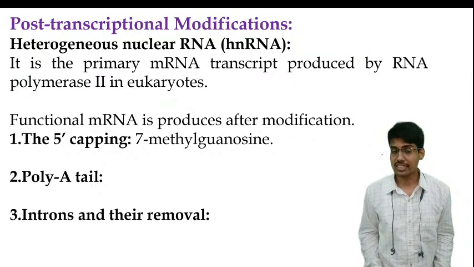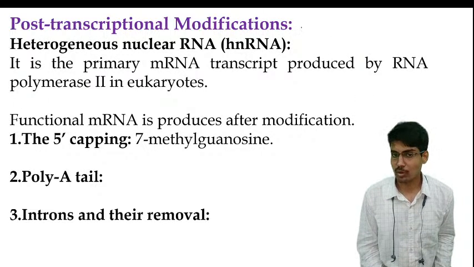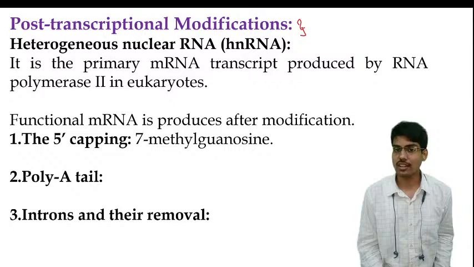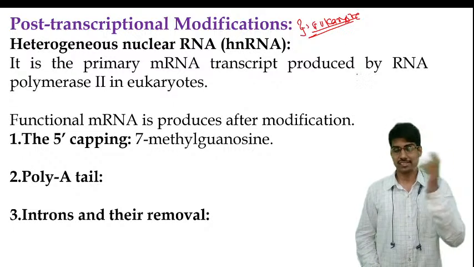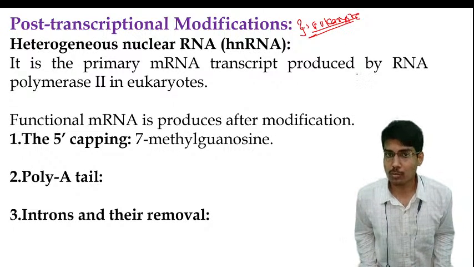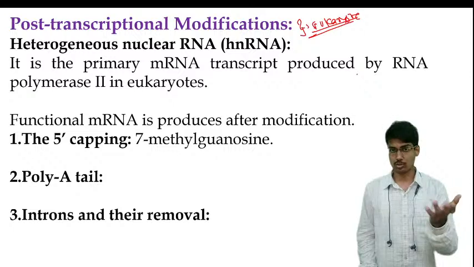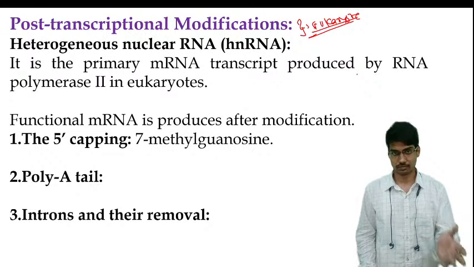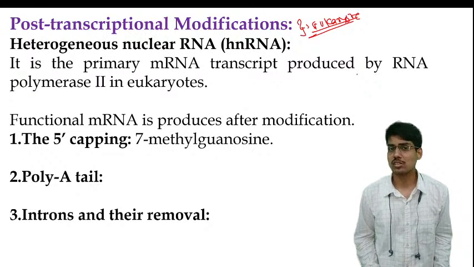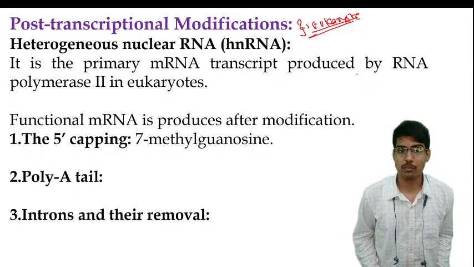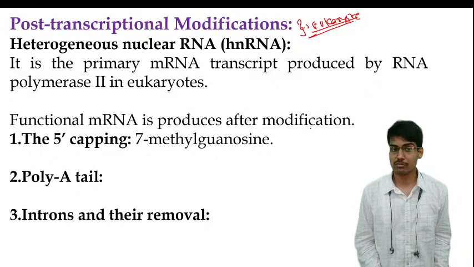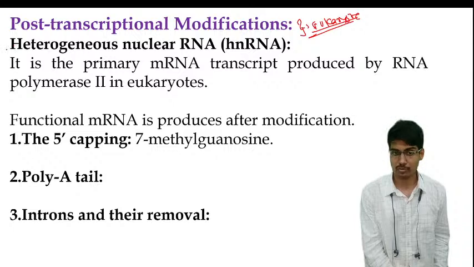So certain things called post-transcriptional modifications are required specifically in eukaryotes. The prokaryotic RNAs synthesized earlier were mostly ready to be used directly, and no such modification is required. But in this case, there is some requirement of modification. So let's see one by one.